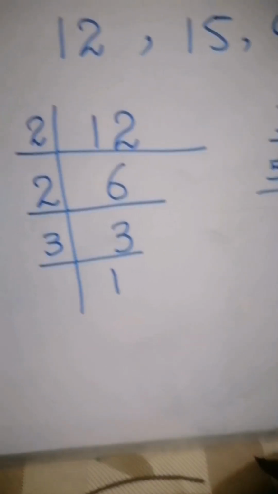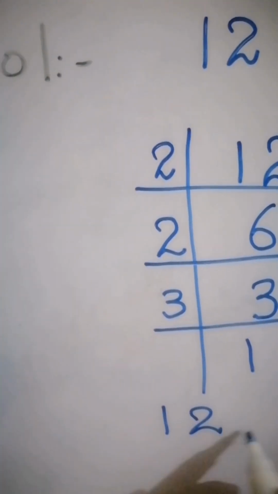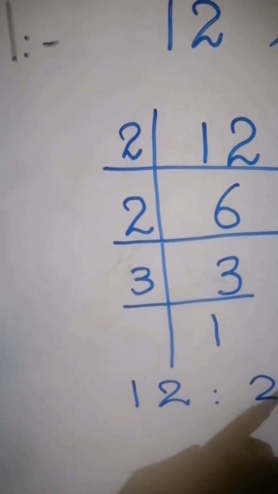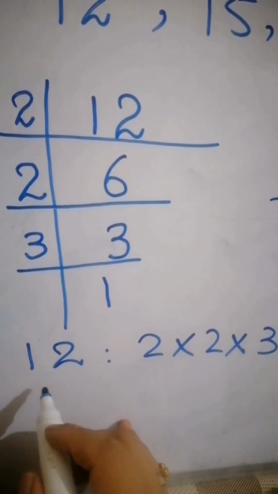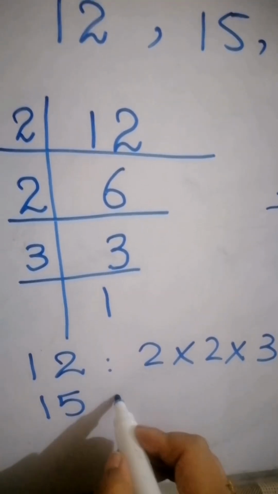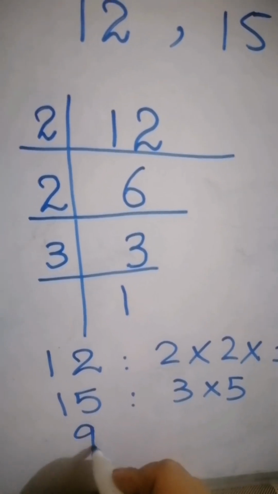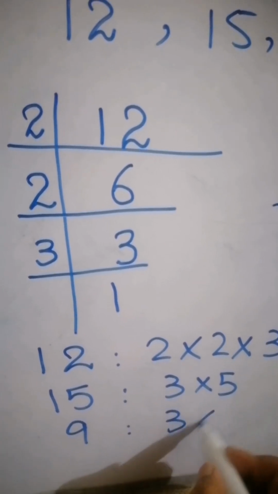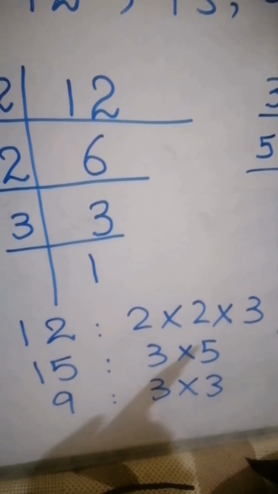Now what we are going to do, we'll write these numbers: the factors of 12, that is 2 multiply 2 multiply 3. Similarly, we have 15, 3 multiply 5, and 9 we have 3 multiply 3. Now from this we will see which numbers are common.